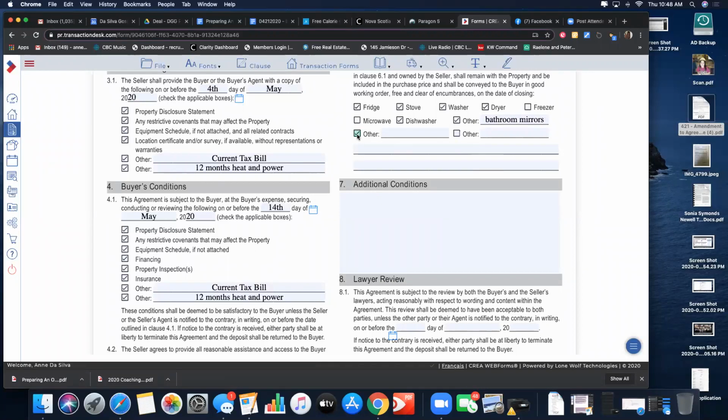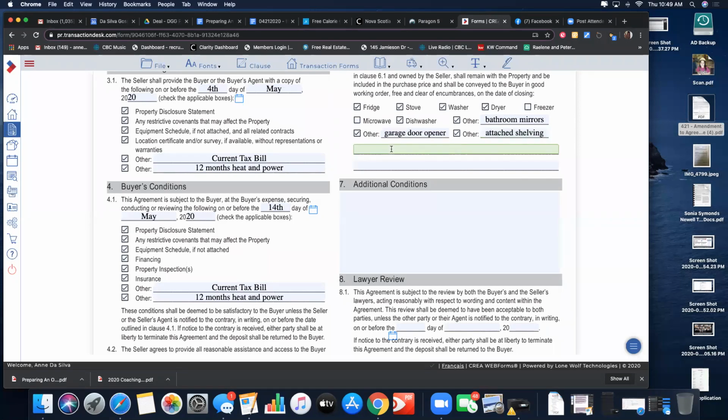People have really nice mirrors from Winners and IKEA and whatever. They're just hanging on a hook. They're not a fixture. It's like a painting. So if you don't add them, you're going to walk in and there are going to be none. There's a garage door, I want the garage door opener. I'm also going to want attached shelving.